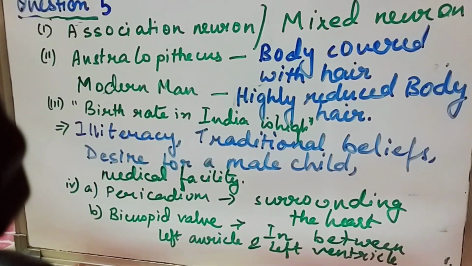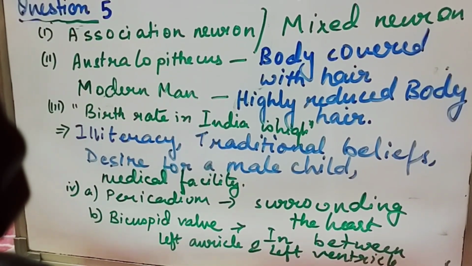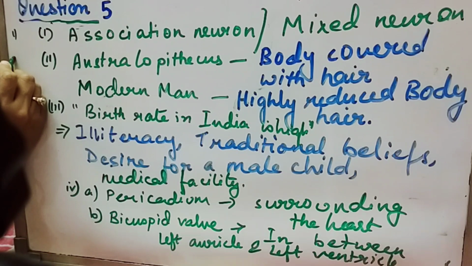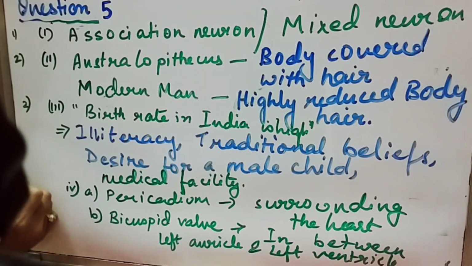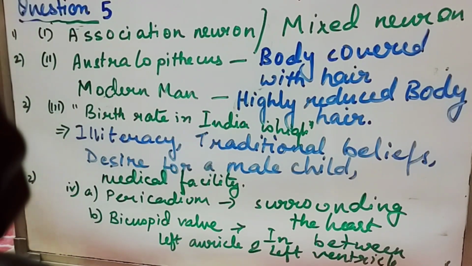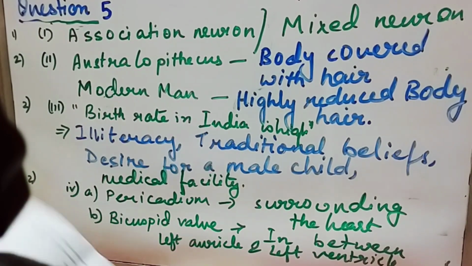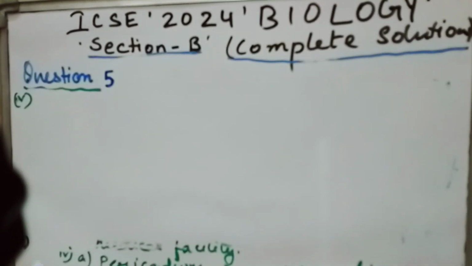Now this was the first 4 questions that comprise 1, 2, 2 and 2, that is 2, 4, 6, 7 marks. The last sub part comprises 3 marks will be coming now. Now question number 5 has shown a cross.